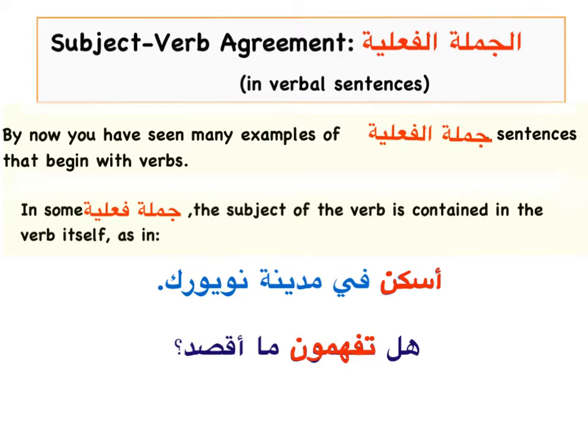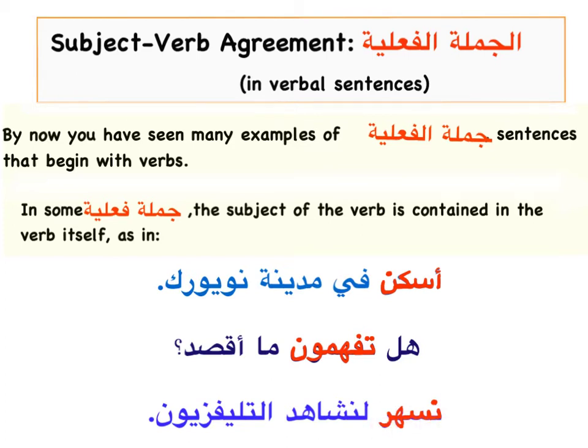So, do you get what I'm saying? Do you understand me? تفهمون, the واو نون here reflects you plural. Same in نسهر لنشاهد التلفزيون. نسهر, we stay up to watch TV. The noon here indicates that the subject is نحن, we stay up.